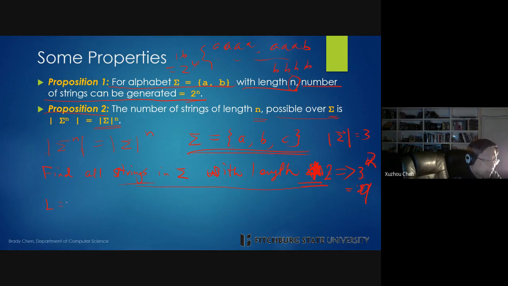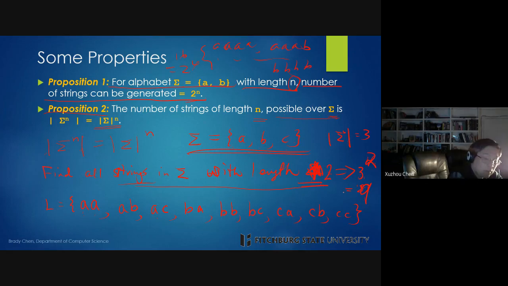What are they? I can create AA, right? Next one, AB, AC. So every string of length 2 starting with A. And then the second group is BA, BB, BC, CA, CB, CC, right?